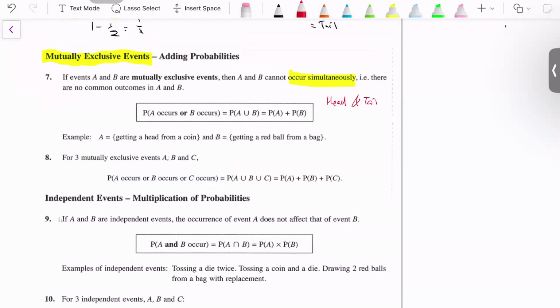Okay. So those are mutually exclusive. So in this case, the probability of A occurs or B occurs, for example, the probability of head or the probability of tail that occurs, how do we find the probability? We use union, which in other words means we are adding the two probabilities together.